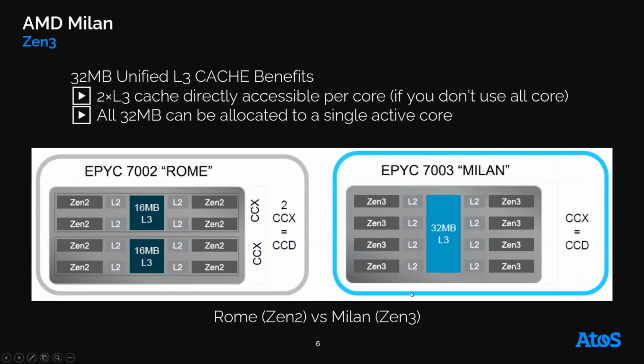What is built in Levante is this Milan CPU on the right. You see there are 8 cores which share one L3 cache of 32 megabytes. In the previous generation from AMD, which was called Rome, there were 2 L3 caches, and there the L3 cache was only shared by 4 cores. So that is the main difference between the Rome and the Milan CPU.